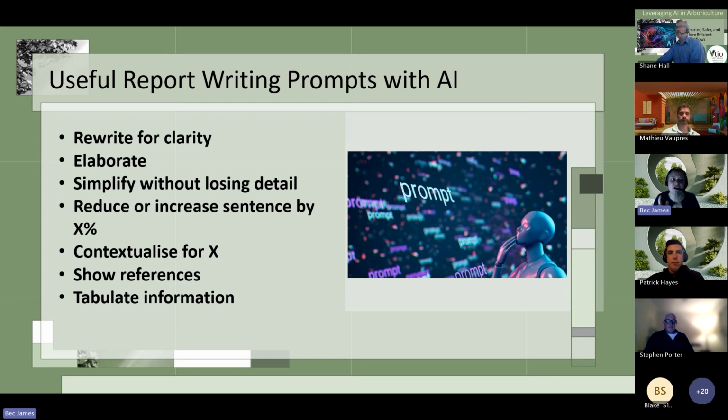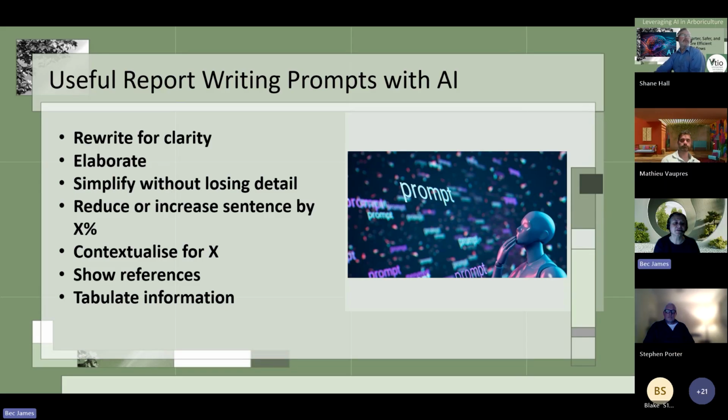Simplify without losing detail can be really useful if you've written a quite technical document that is going to a member of the general public who probably doesn't understand a lot of the concepts or the jargon that we use. I've got a bit of a demonstration of what that might look like coming up a bit later.